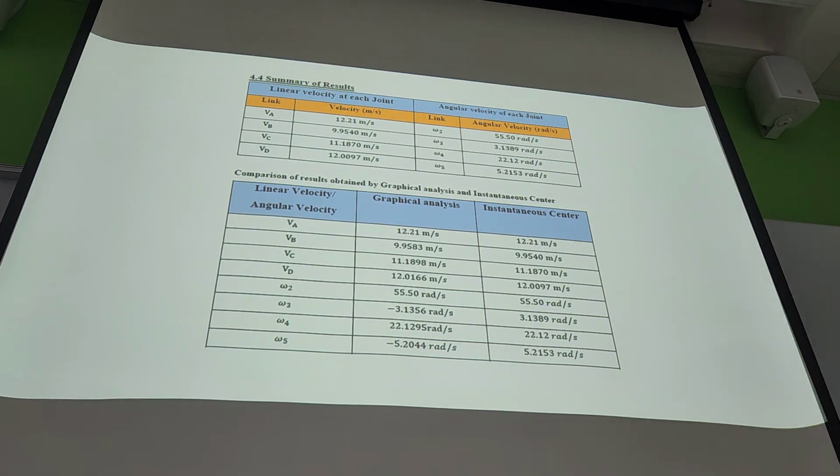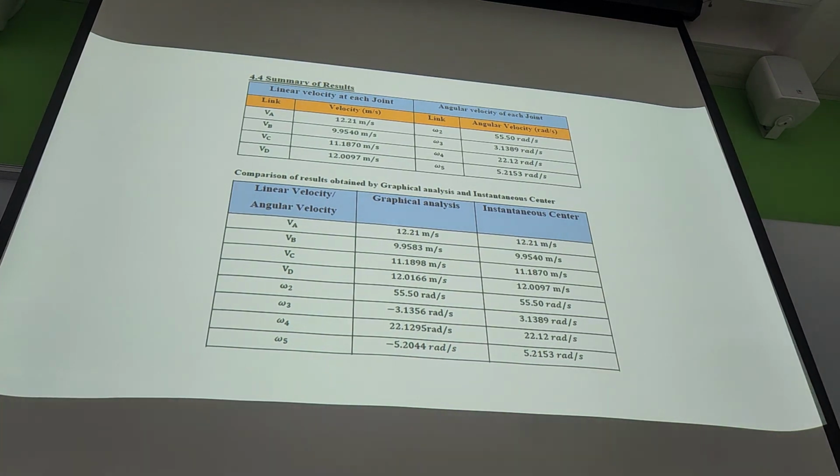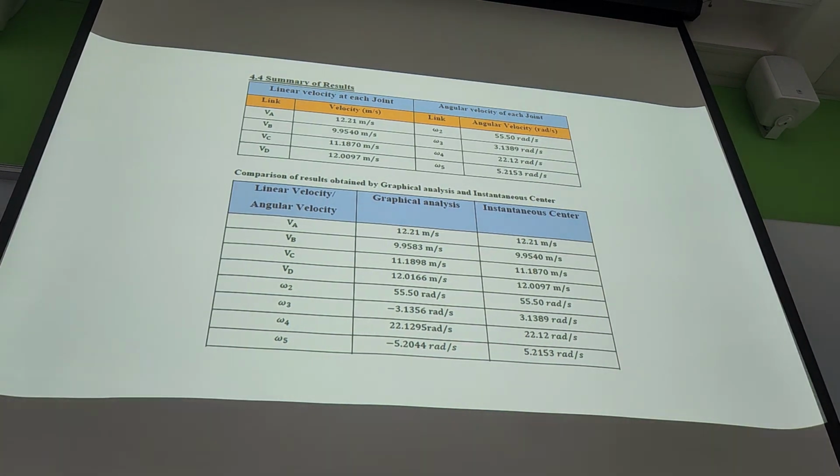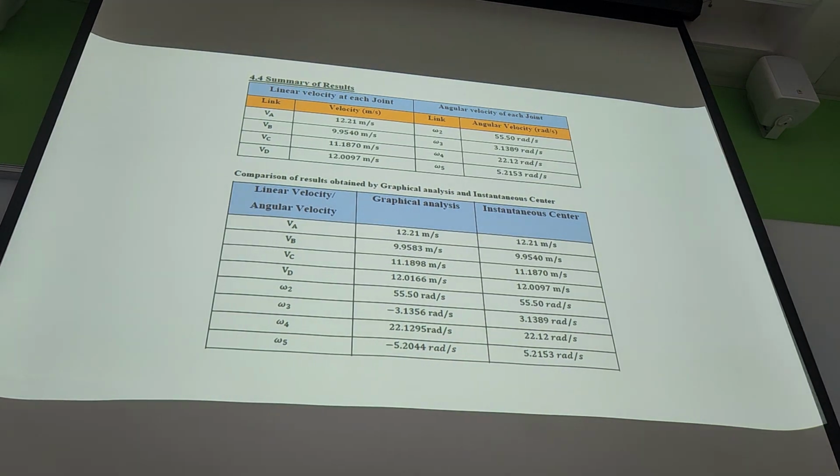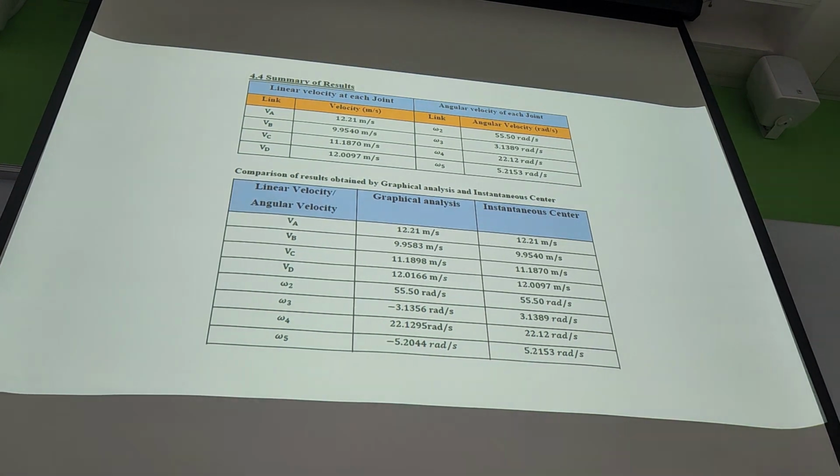So you can come out with a comparison table like this. You can see in this scenario you may be getting exactly the same values.